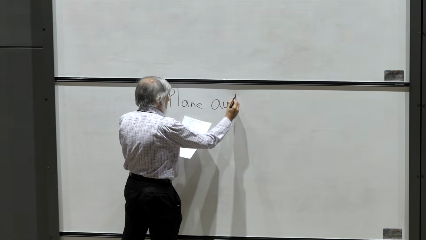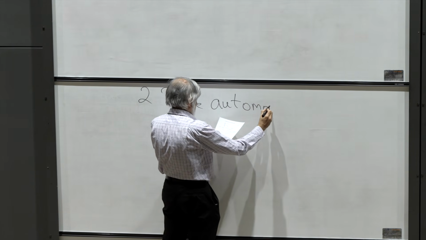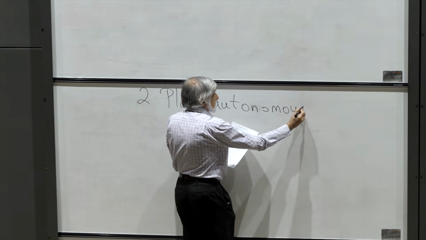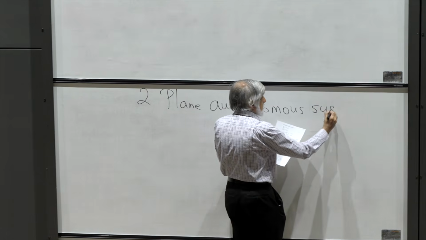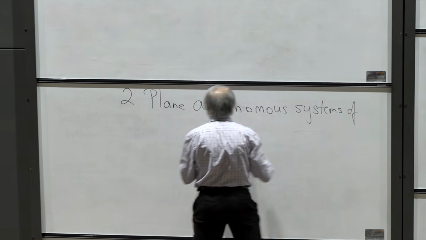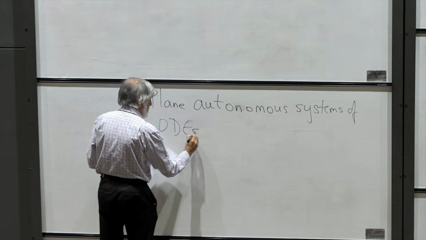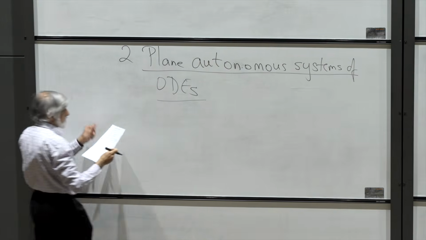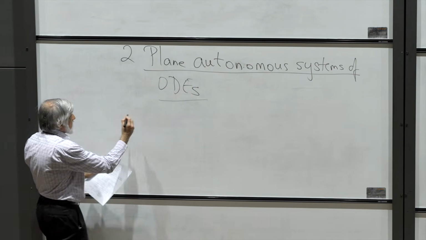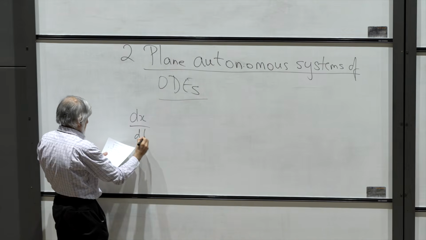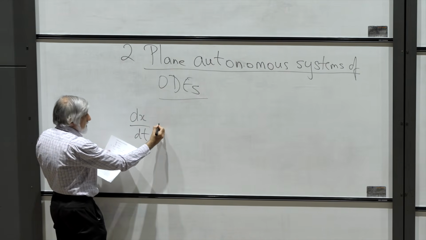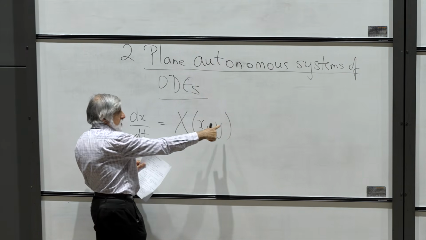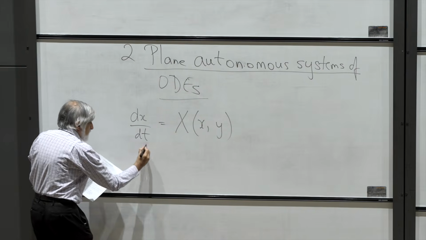So we're going to talk now about plane autonomous systems of ODEs. And we're going to look at coupled, so 2 ODEs. That's why it's called plane. So we'll write down dx by dt. Now strictly speaking there should be a t there, but I'm not going to do that. Strictly speaking this should be x of t, y of t. So I'm being a bit sloppy.